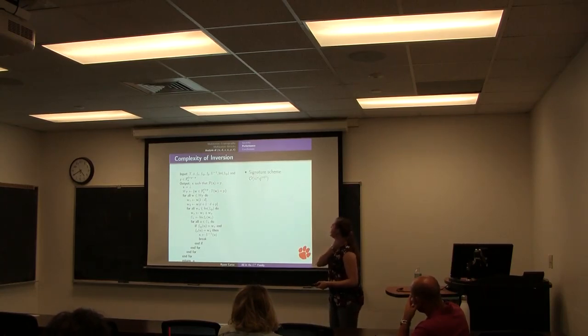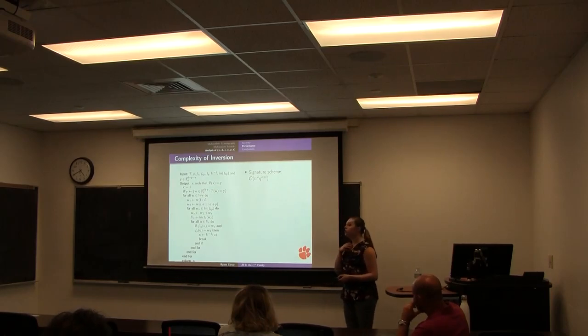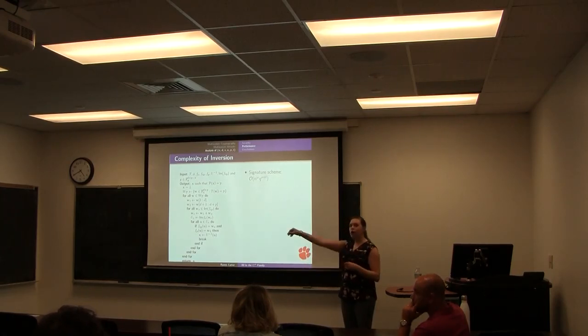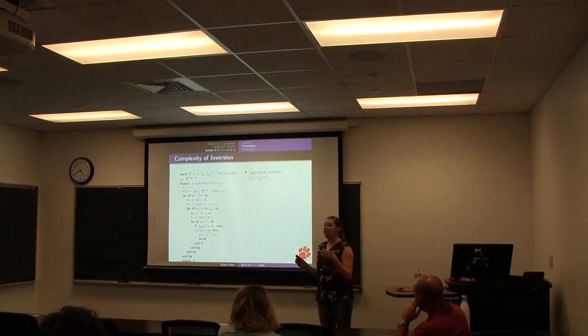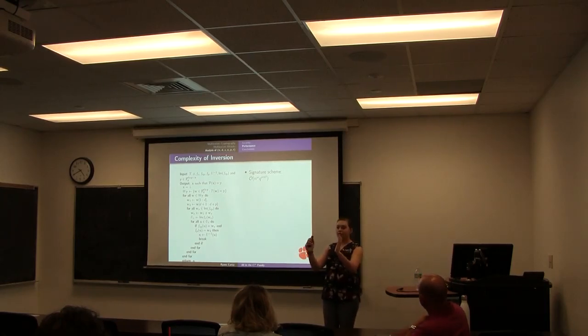Whenever we have a signature scheme, we are not going to have the projection very large, so T won't be that big, because we want to make sure that all of our outputs do in fact have preimages. The thing that takes up the most time is inverting our central map, FC.